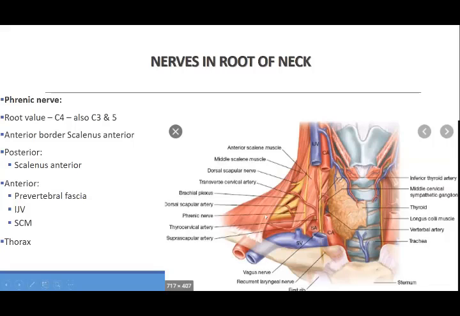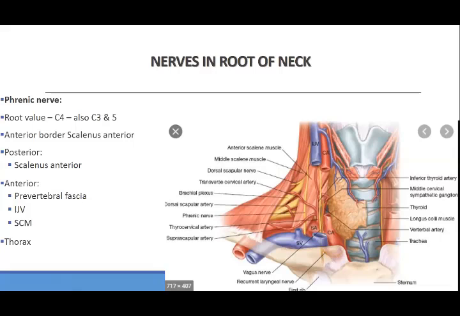See, the cords of the brachial plexus rise medially and go laterally. The 10th cranial nerve also goes this way. But the phrenic nerve is the only nerve that crosses the anterior surface of the scalenus anterior. Now, the main fibers that contribute to the formation of the phrenic nerve come from the fourth cervical segment of the spinal cord.